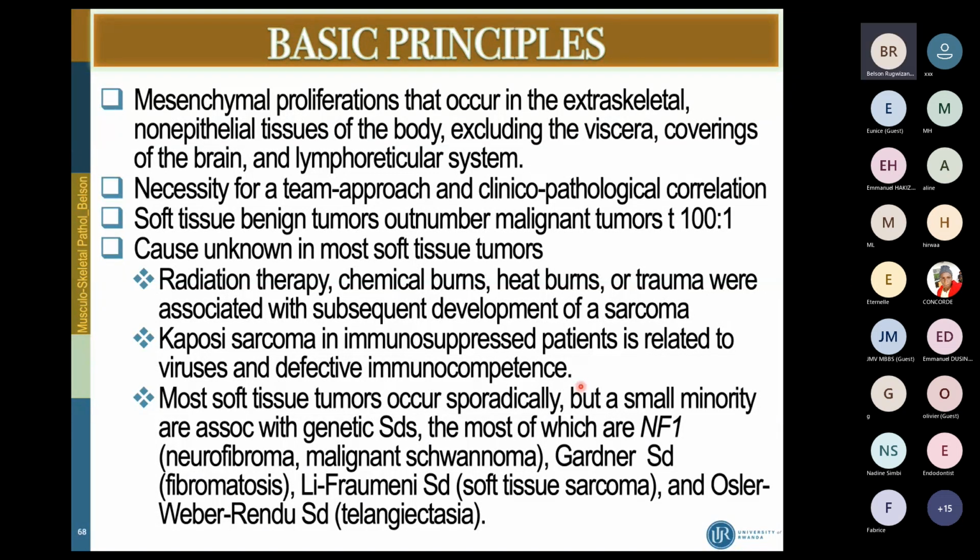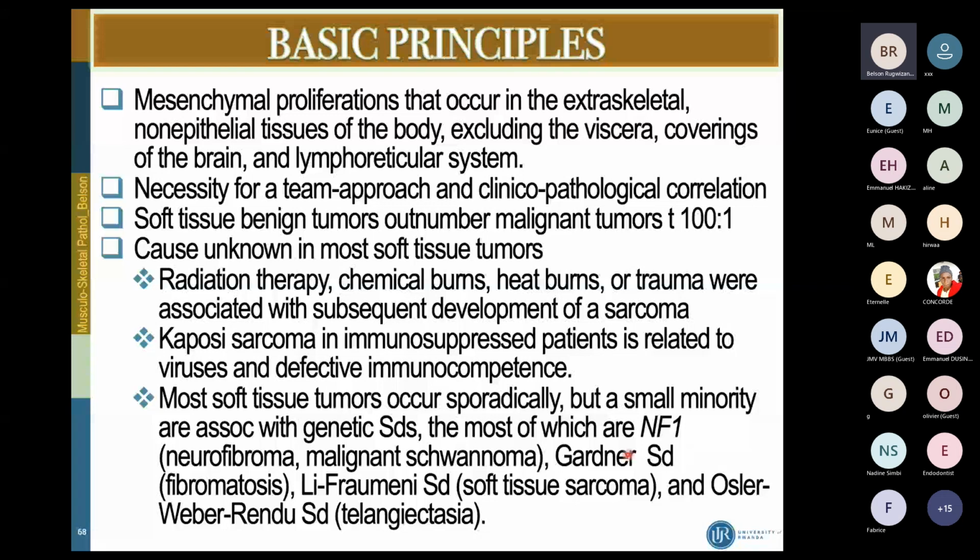So most tumors, they come sporadically. There is no familial syndrome, but for others, there is some genetic predisposition. Neurofibromatosis 1: they used to have a neurofibroma and a schwannoma, malignant. Gardner syndrome twavuzeho kare.